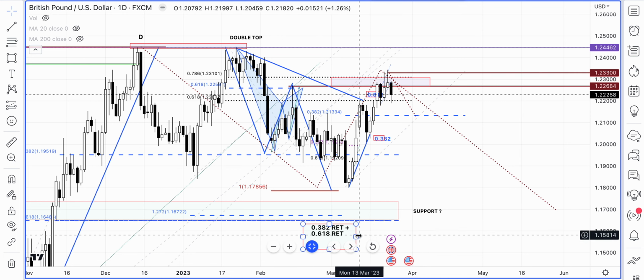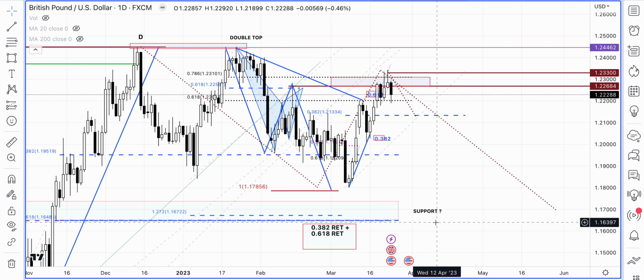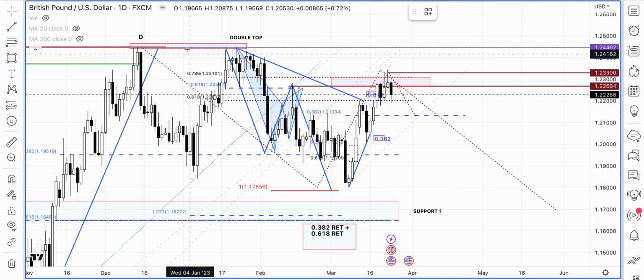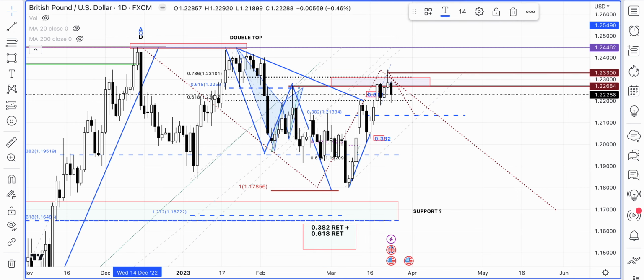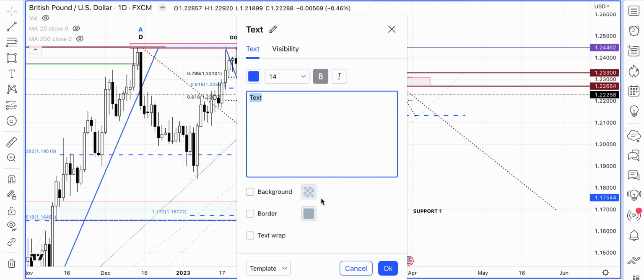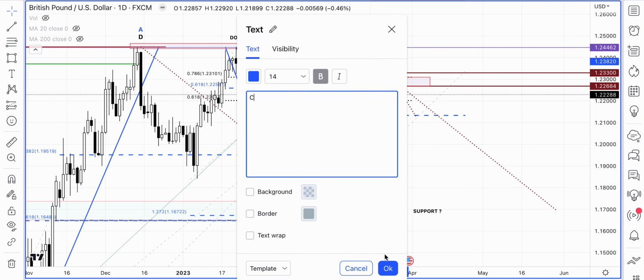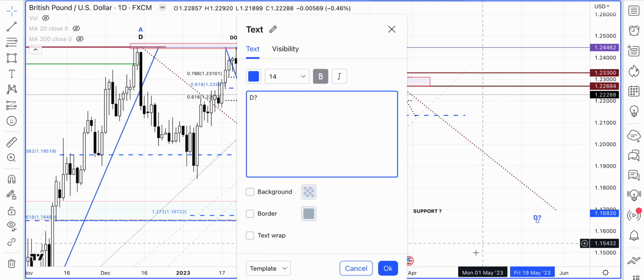We also have a 61.8% retracement here. So this region of around 1.17 will be a pretty strong support if the price indeed gets there. So let's annotate this as A, this will be our B, this will be our C, and this is our possible D.